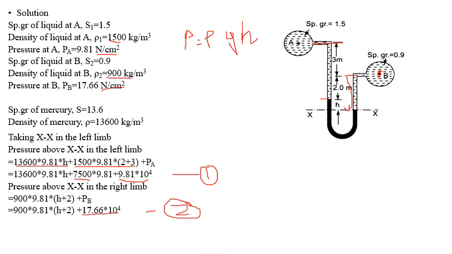So now equating these two expressions, equating these two pressures, we get: the pressure above the XX line in the left limb is equal to the pressure above the XX line in the right limb. So in these two expressions, there is only one unknown value, that is h.